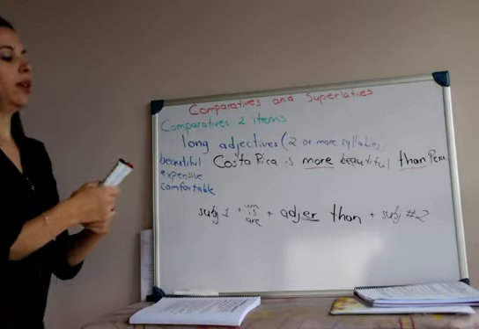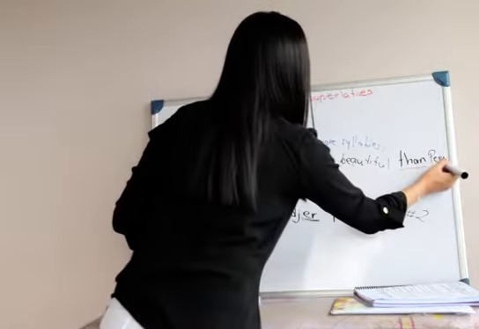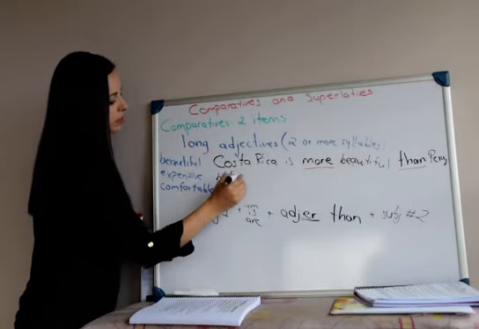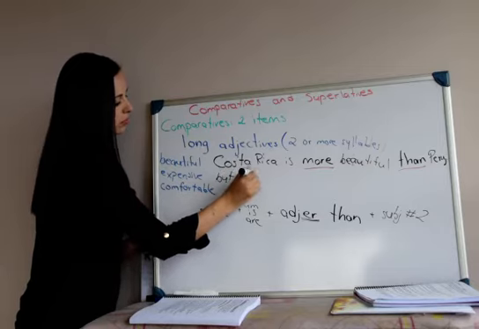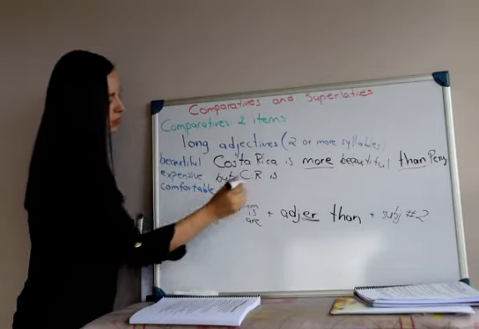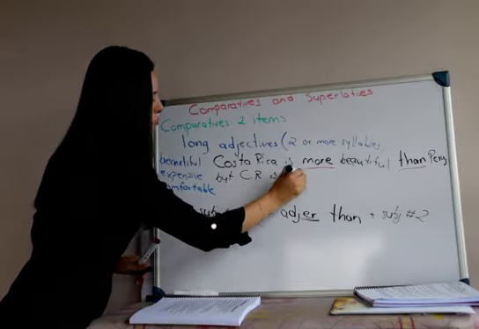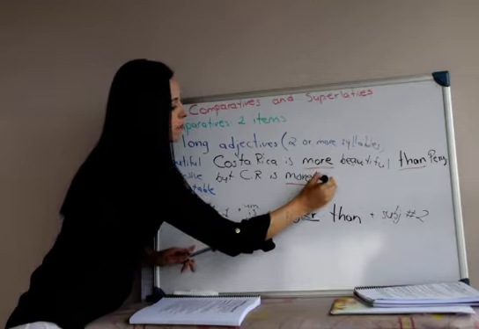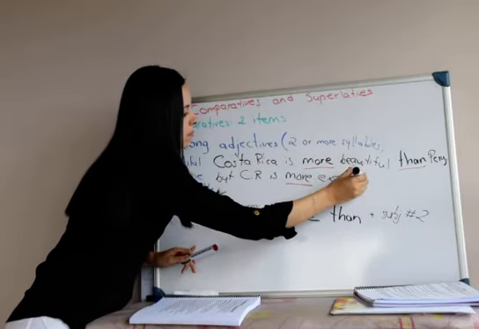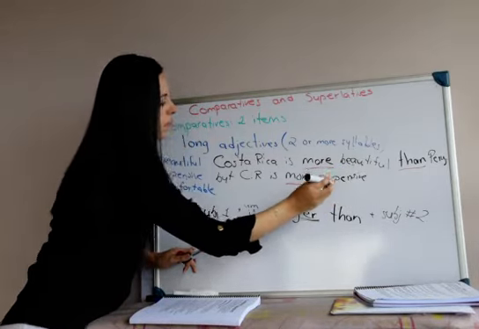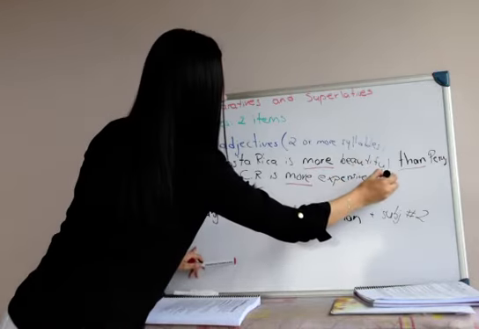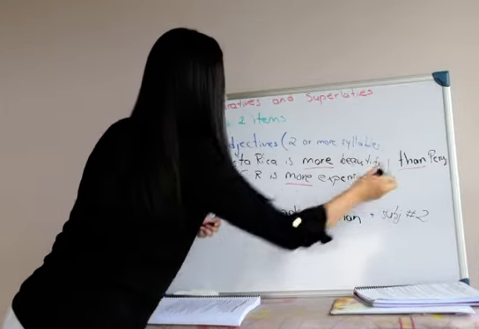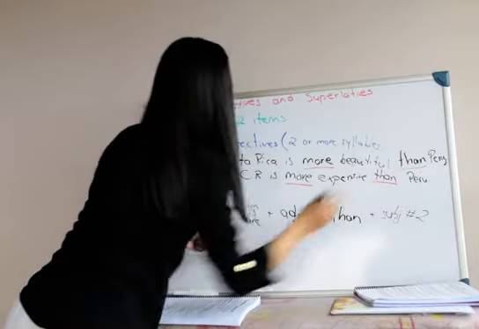We can keep adding details. We write comma, but, and again we have more, long adjective expensive, than Peru.